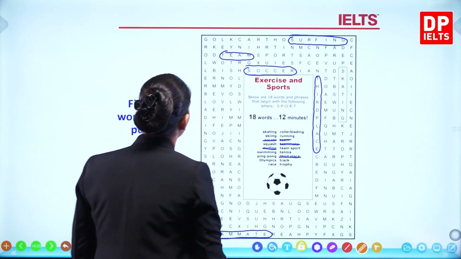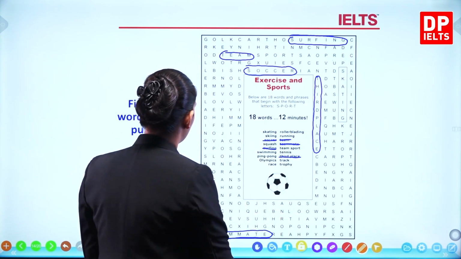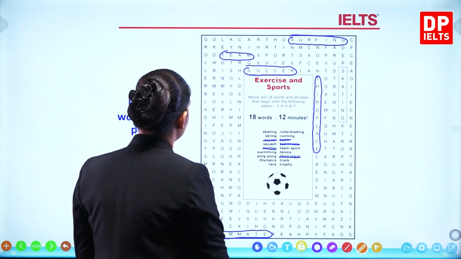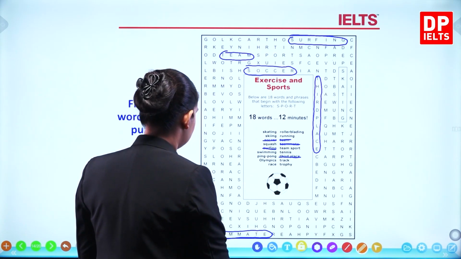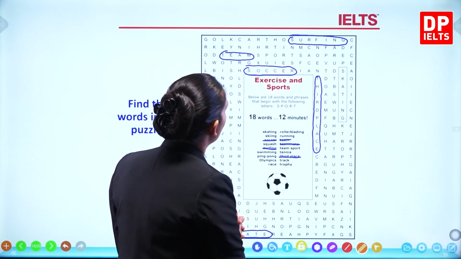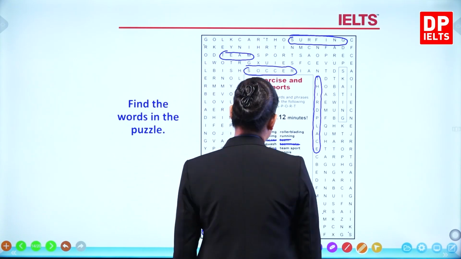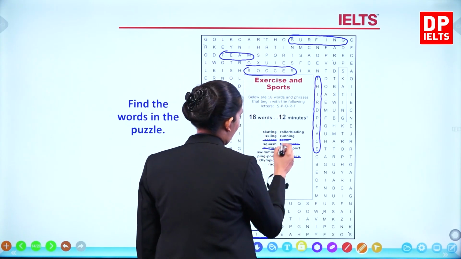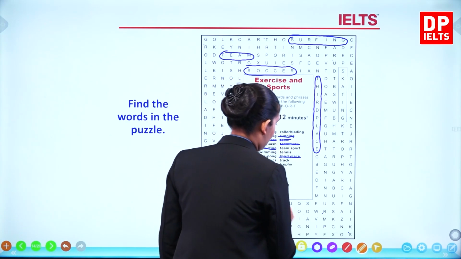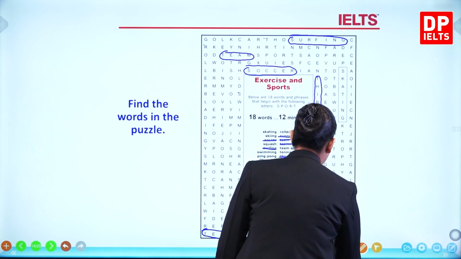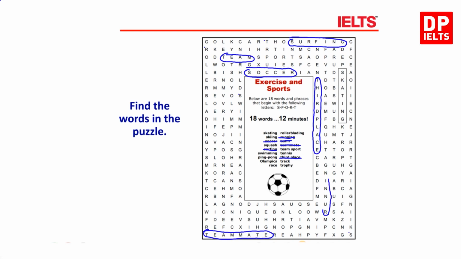Now we have some big words like rollerblading. That's going to be easy for you if you find it because it needs to be a long word. So let's have a look at the next one. We have running. So I'm going to draw up running.